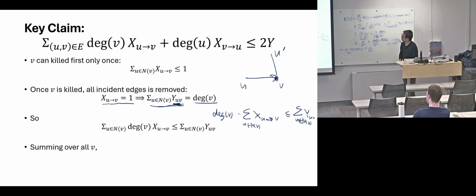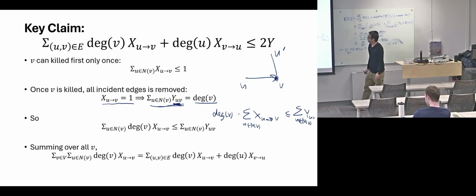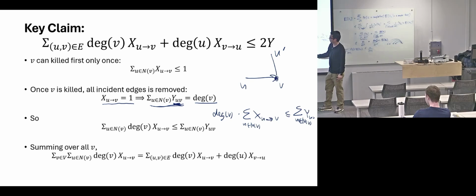Okay, so once we have this, then I'm just summing this inequality over all nodes v. For the left-hand side, summing over all v, I just get this one. Because when I sum, for each edge, I have this sum from two sides. When I sum from the side of u, I have this term. When I sum from the side of v, I have this term.